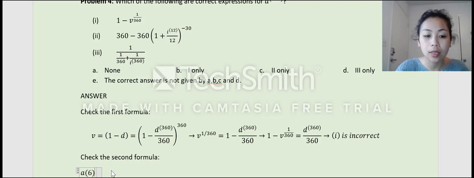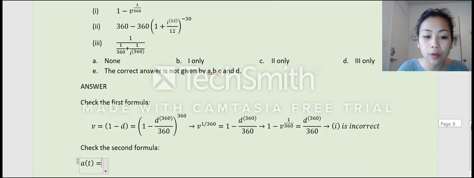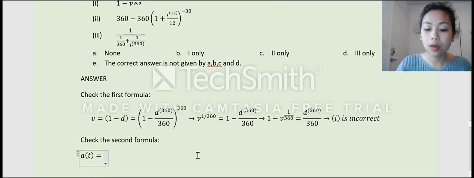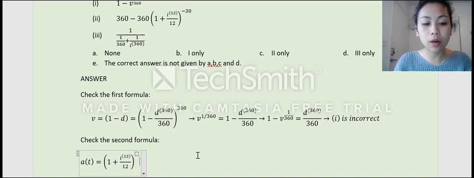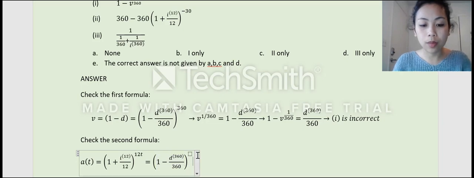A(t) equals, since we are involving d^(360) and i^(12), 1 plus i^(12) over 12, the whole thing to the power of 12t, and this is equal to 1 minus d^(360) over 360 to the power of negative 360t.